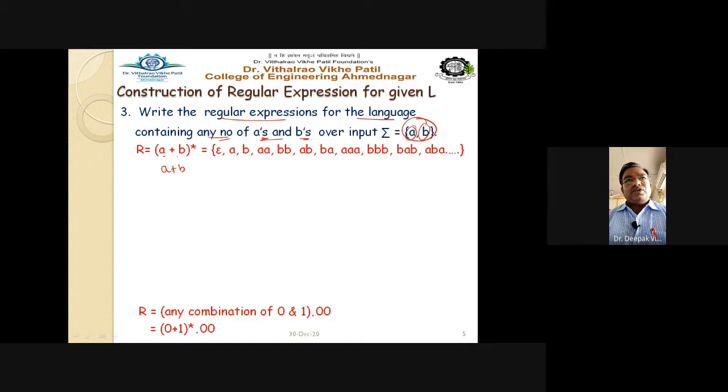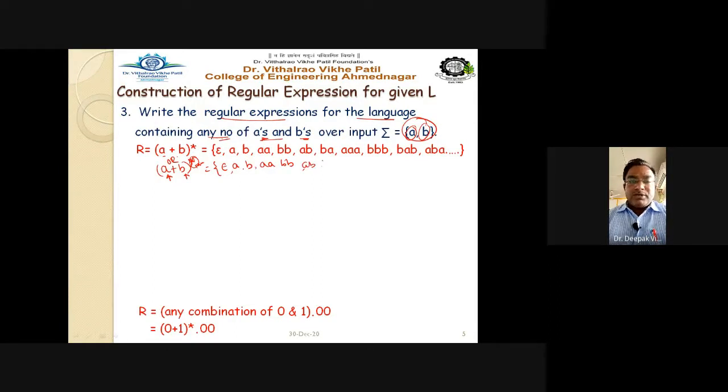So you have to write here a or b in a bracket. So a or b means either a or b. This is nothing but your union operator, or it is nothing but your or operator. And to this particular bracket, we are marking here closure. We are marking here closure means multiple occurrences. And as it is a star closure, epsilon, the empty string, is there, or the string may contain a, or it may contain b, or it may contain double a, it may contain double b, or it may contain ab.